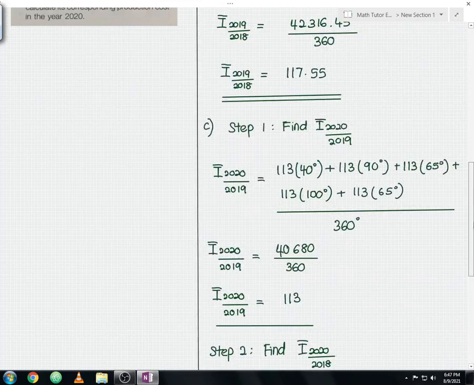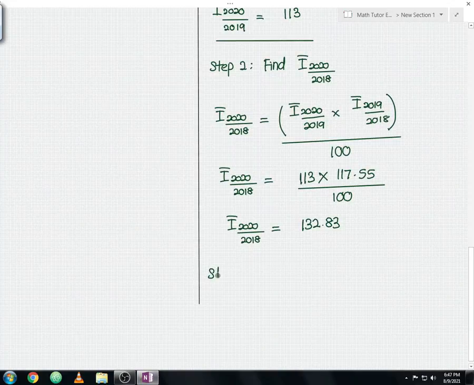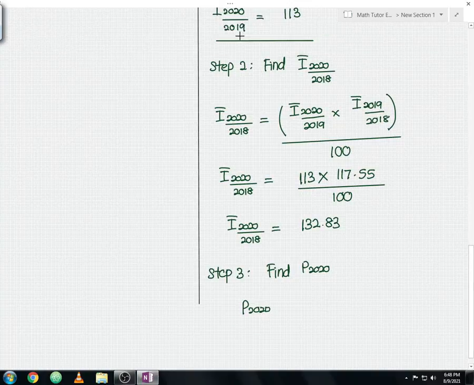Okay guys, so from here your step 3, find the price of pesticide in the year 2020. So let me just write here, find P 2020. So from here, price in the year 2020, and then you divide with the price in the year 2018.